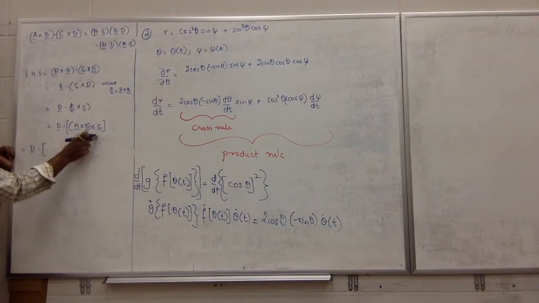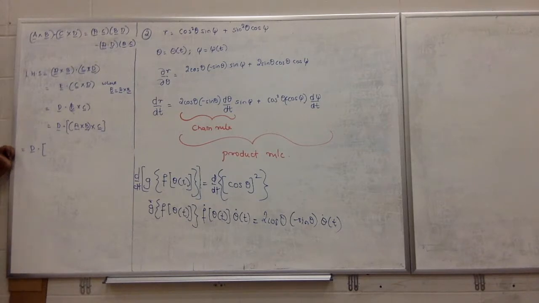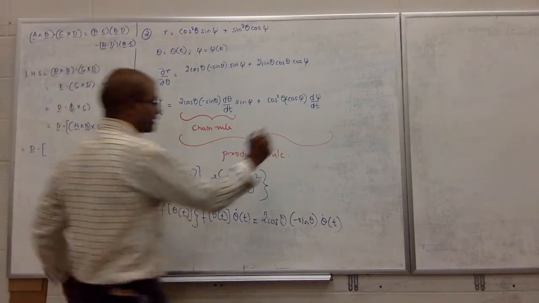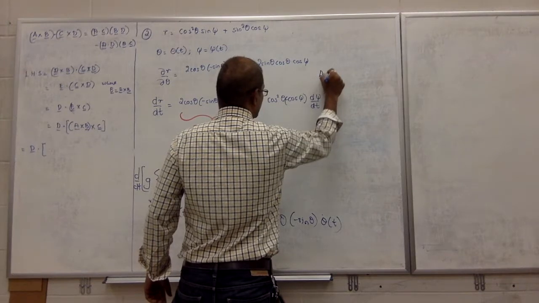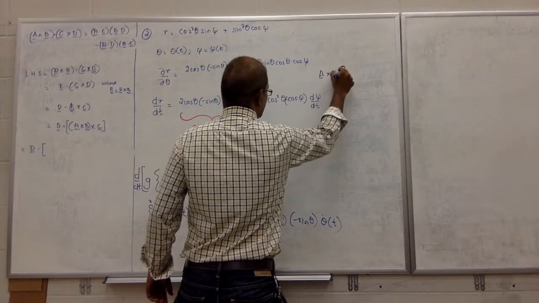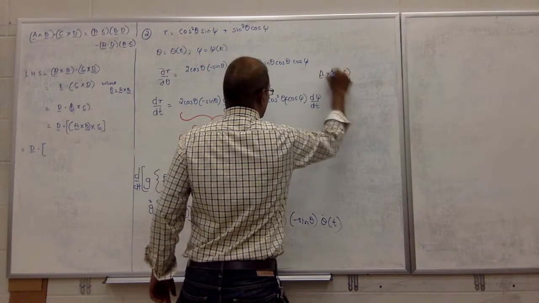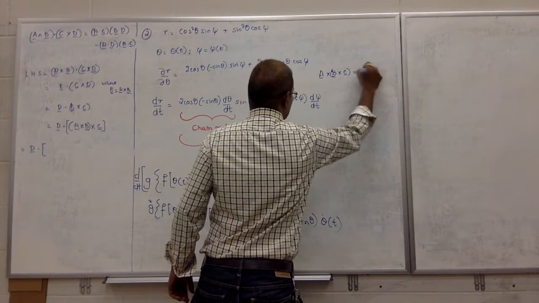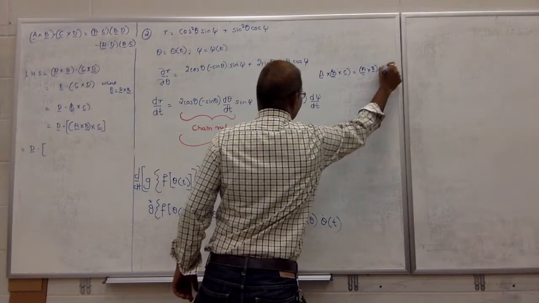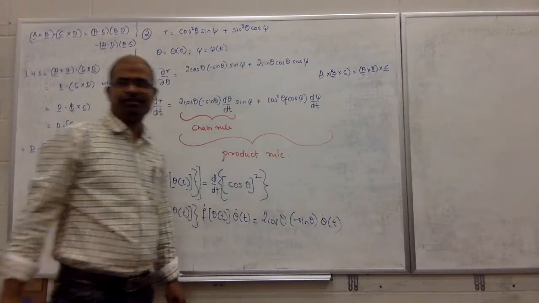Okay, so we apply the BAC minus CAB rule. Keep in mind, someone came to me and said this is the same as that. I don't think I said it.